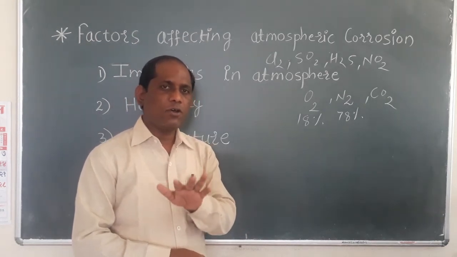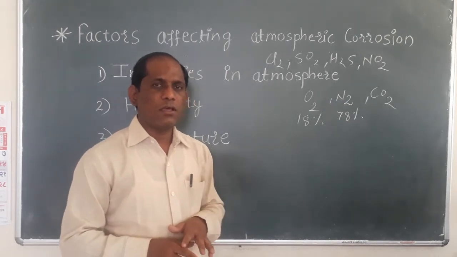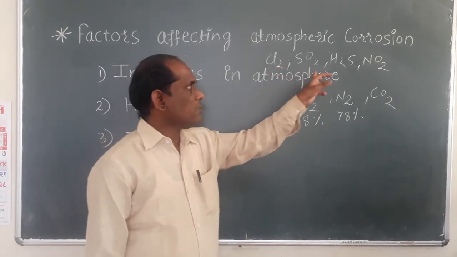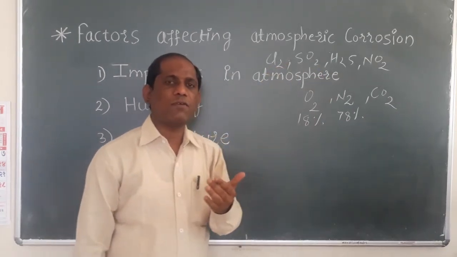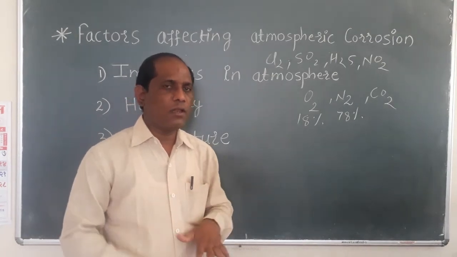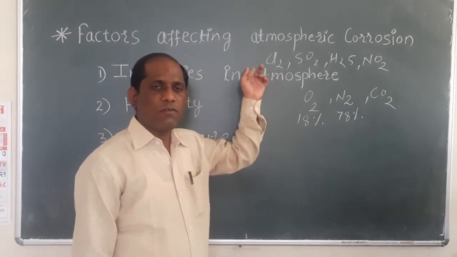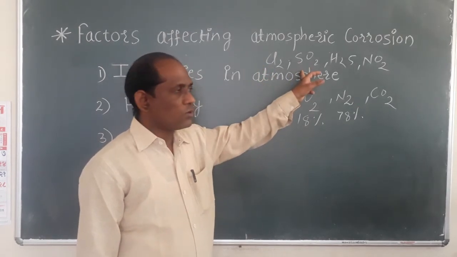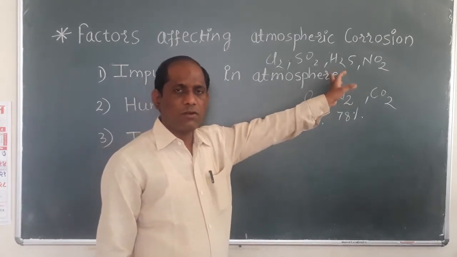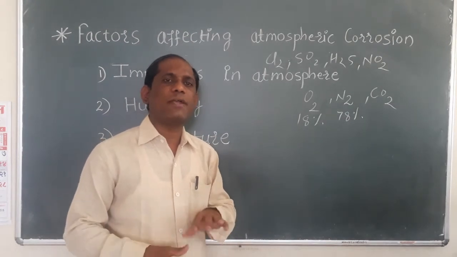Now, why is the rate of atmospheric corrosion greater in those areas where the atmosphere has these gases in a higher percentage? Because when these gases attack the surface of the metal, chlorine gas forms chlorides, SO2 forms sulfates, and H2S, that is hydrogen sulfide, forms sulfides on the surface of that metal.